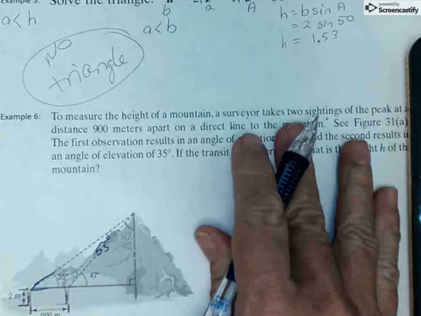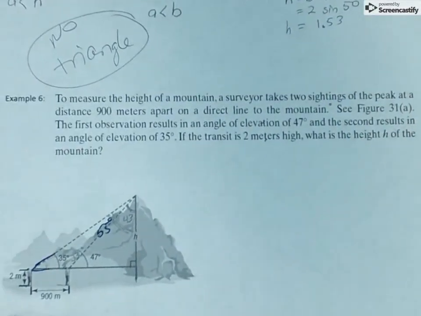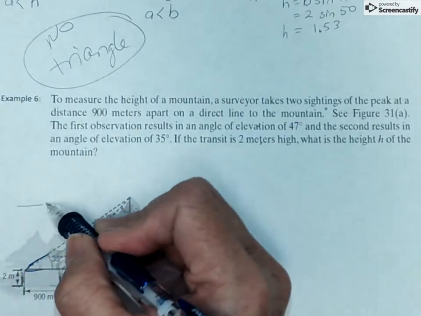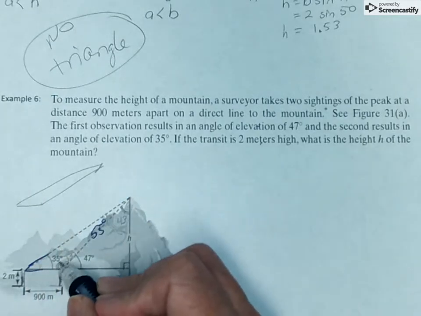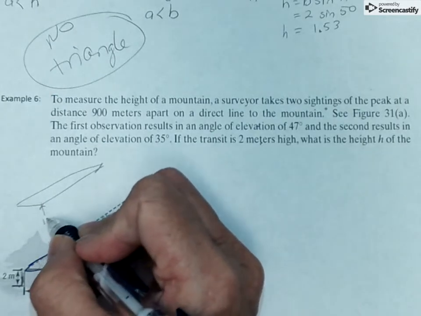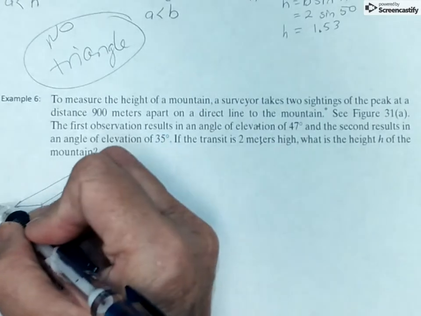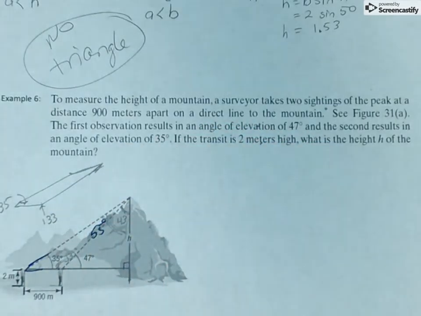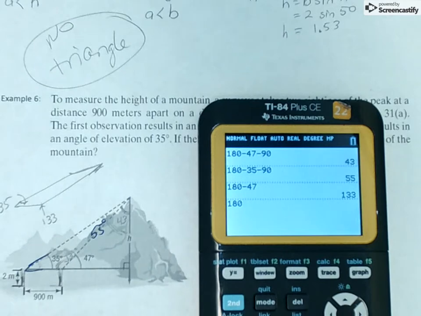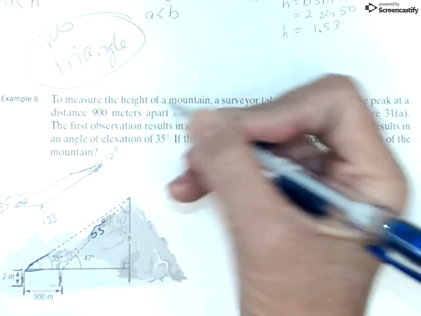If I were to redraw this, it will help you visualize it. This angle right here is 133 degrees. This angle, we were told, is 35 degrees. This angle up here, we can calculate because it's 180 minus 133 minus 35 degrees. So this is only 12 degrees right here.